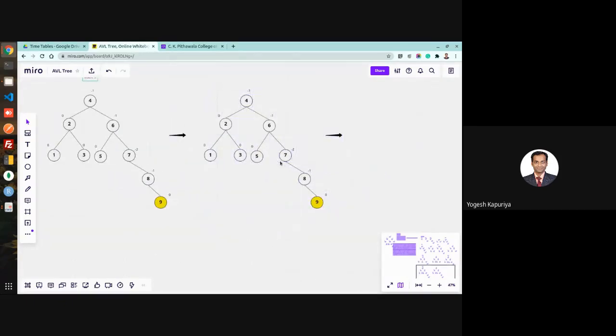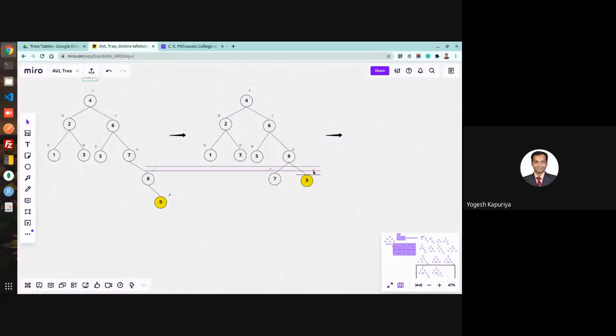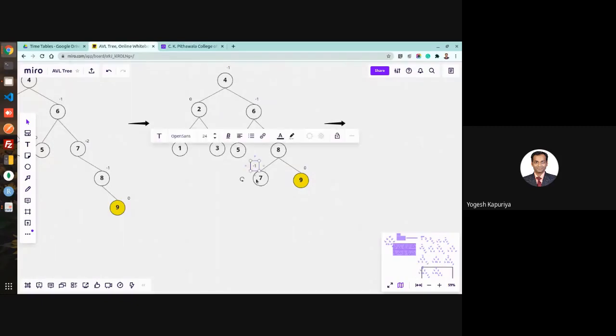So rotation of this node is required. That means this takes its place here. Goes here. Okay. So 0.